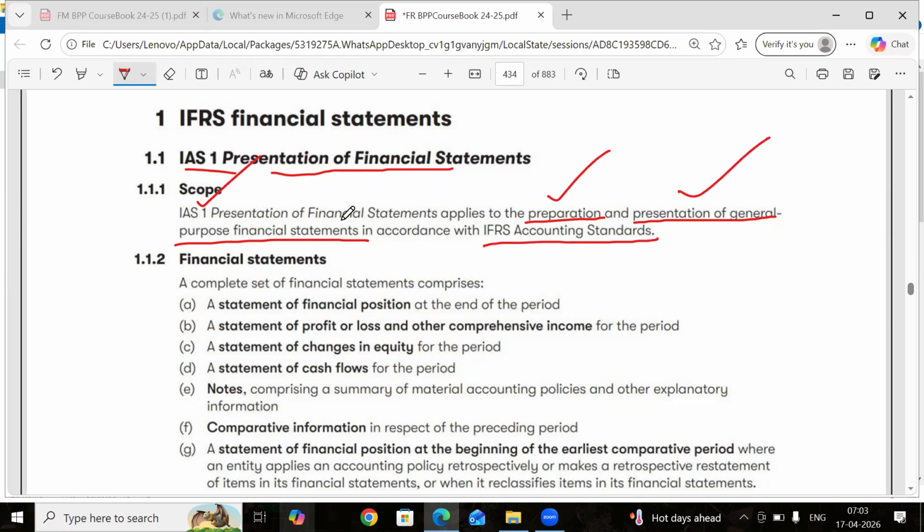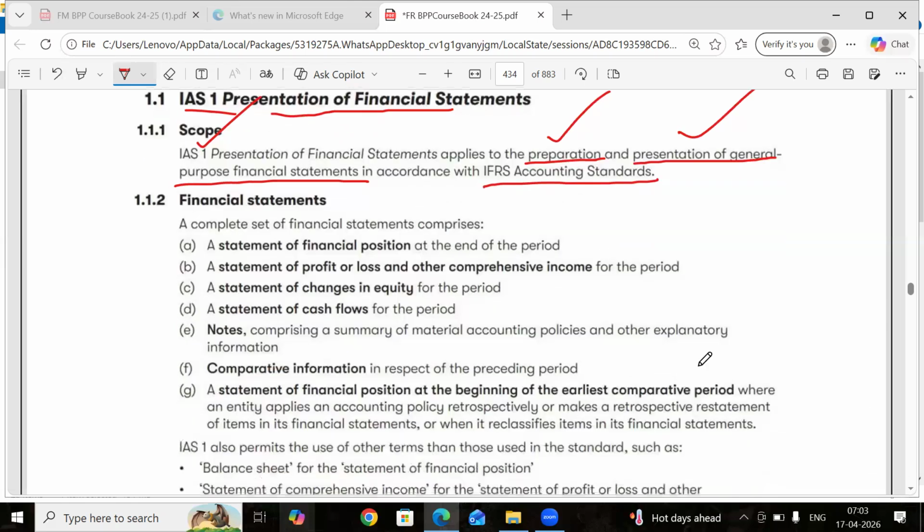What is the general purpose of preparing the financial statements? Of course, to know the actual position and the profits of the business. Position can be known through the position statement, that is the statement of financial position or balance sheet, and profits can be known through SOPL. And you're going to follow all the accounting standards thoroughly to prepare that financial statement or report.